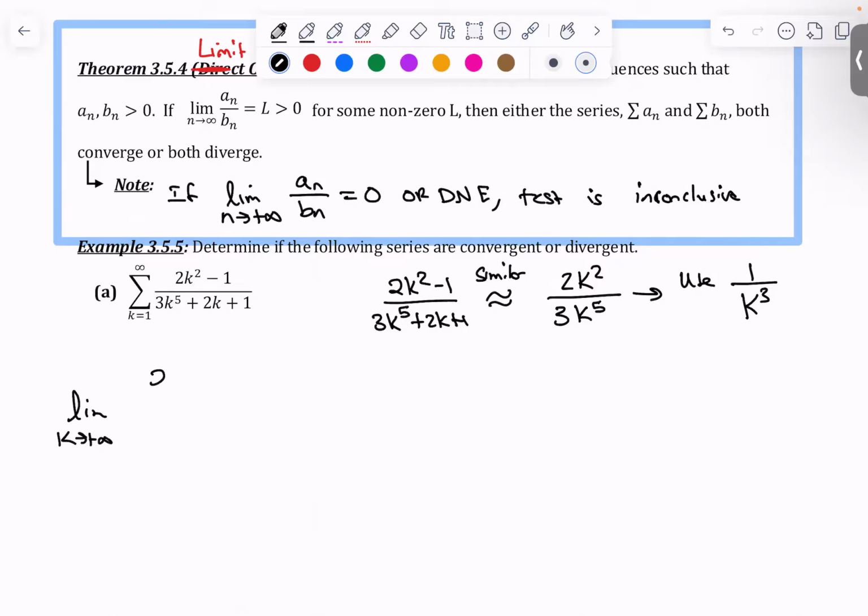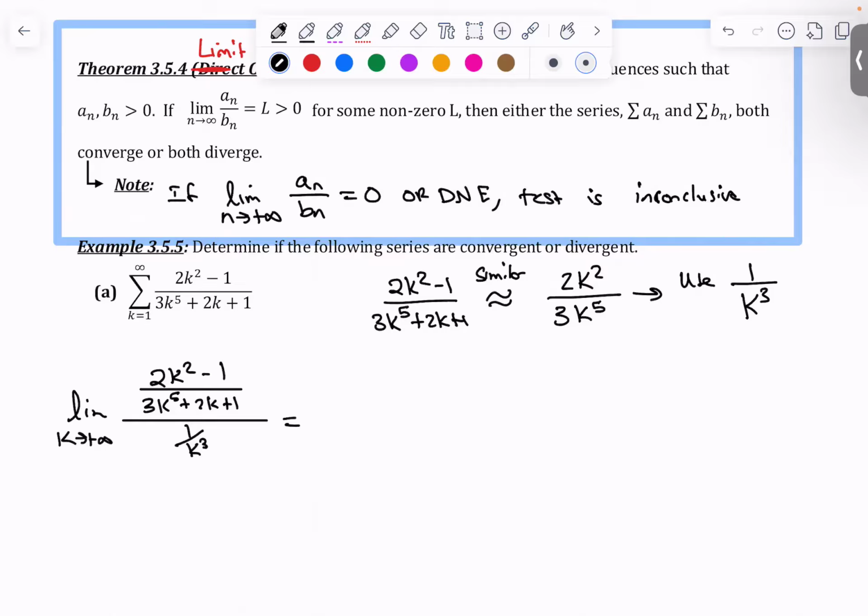So I'm going to put it up here: 2k squared minus 1 over 3k to the fifth plus 2k plus 1, all over 1 over k cubed. You can do the same thing if you flip it. You'll get the reciprocal of what I get, but it will still end up being a finite non-zero number. And that's all you need to do. If that's cool, we're good.